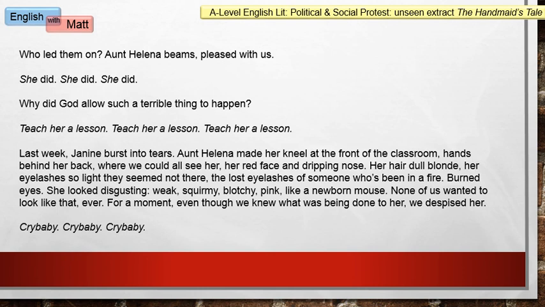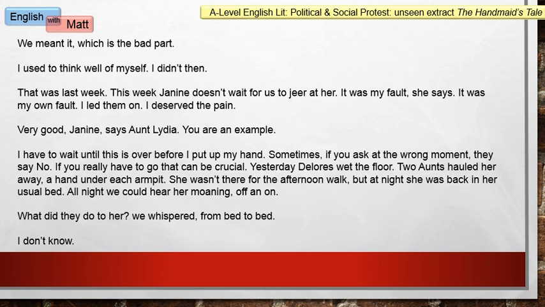She looked disgusting, weak, squirmy, blotchy, pink, like a newborn mouse. None of us wanted to look like that, ever. For a moment, even though we knew what was being done to her, we despised her. Crybaby, crybaby, crybaby. We meant it, which is the bad part. I used to think well of myself. I didn't then. That was last week.